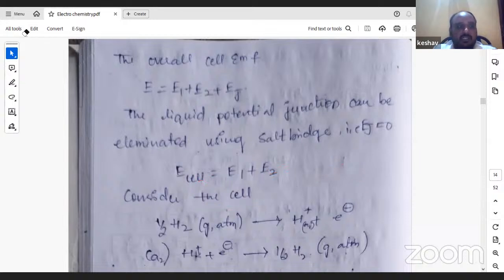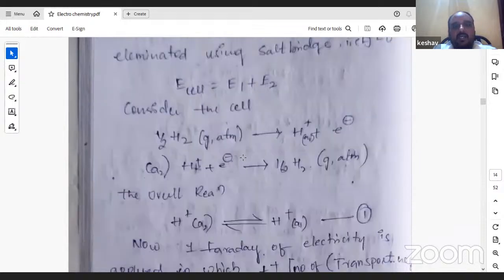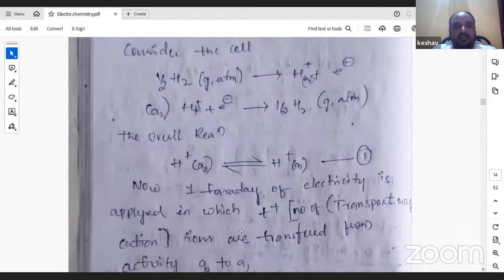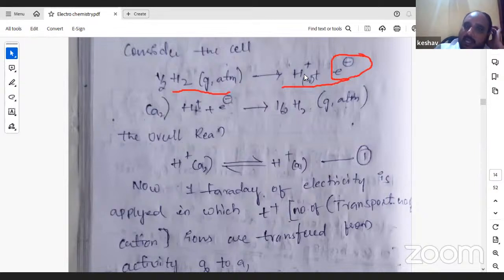What we said is that some of the ions are transferred from one activity to another. For example, H2 gas atmosphere will be converted to H plus and electron. The activity of H plus is A1. So first, initially, hydrogen is involved in oxidation.